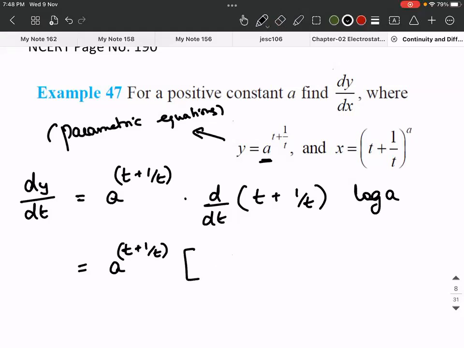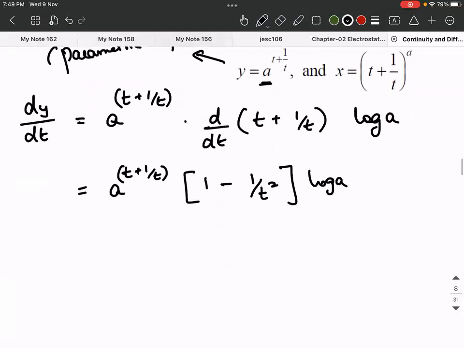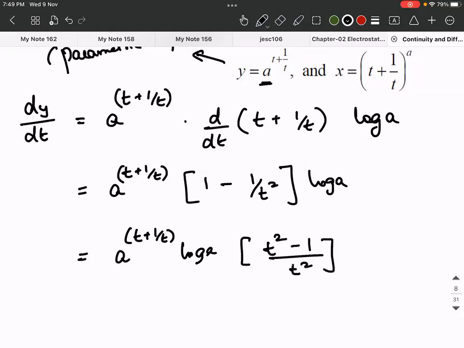Yes, into 1 minus 1 by t square into log a. I hope this is clear. This is dy by dt. If you want, you can simplify and write it: a power t plus 1 by t log a into t square minus 1 divided by t square. Let me call this equation number 1.